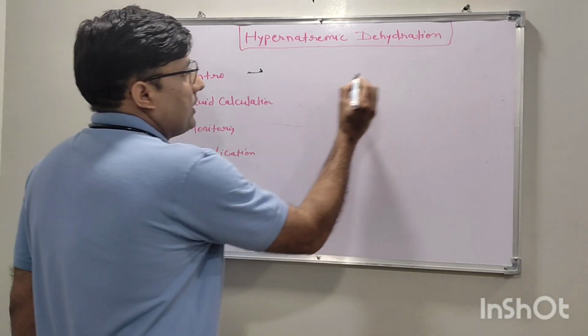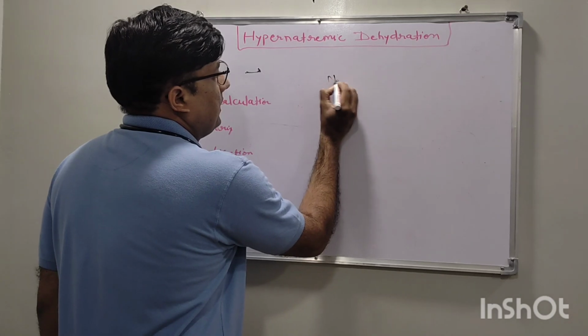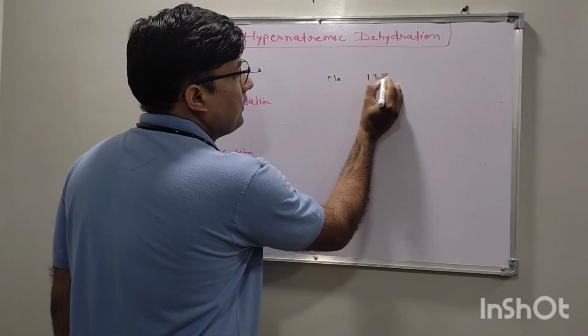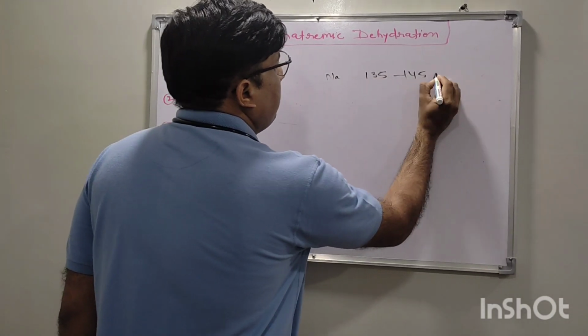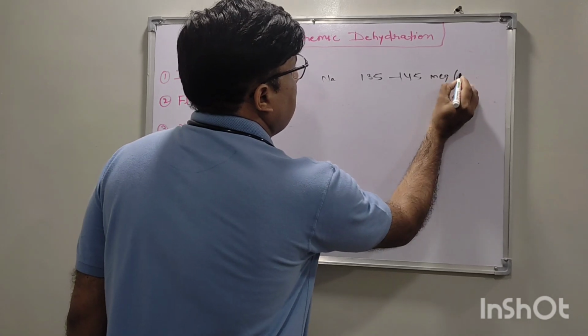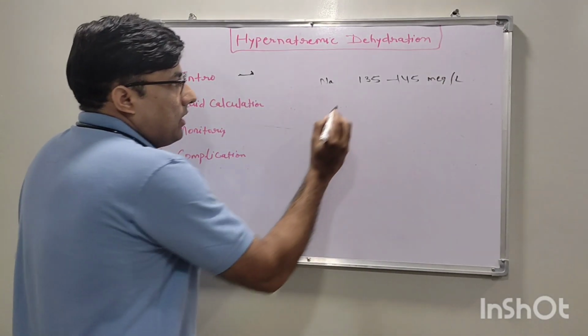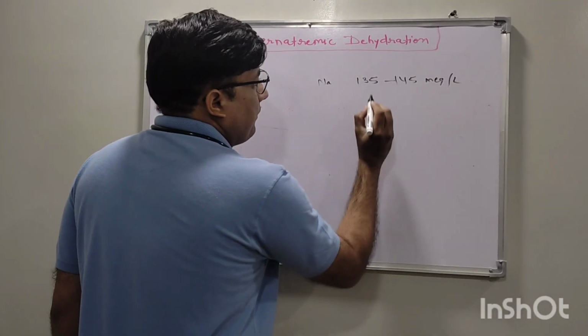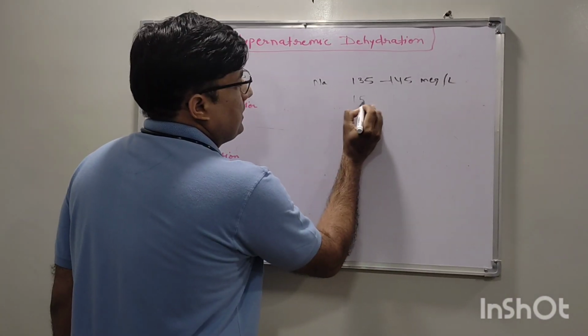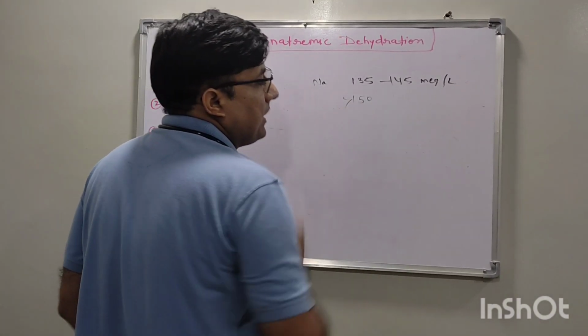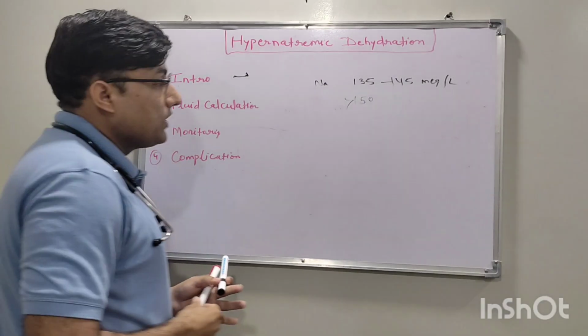So what is hypernatremia? The normal sodium level for a newborn baby is 135 to 145 milliequivalent per liter. More than 145, or some people say more than 150, is hypernatremia.